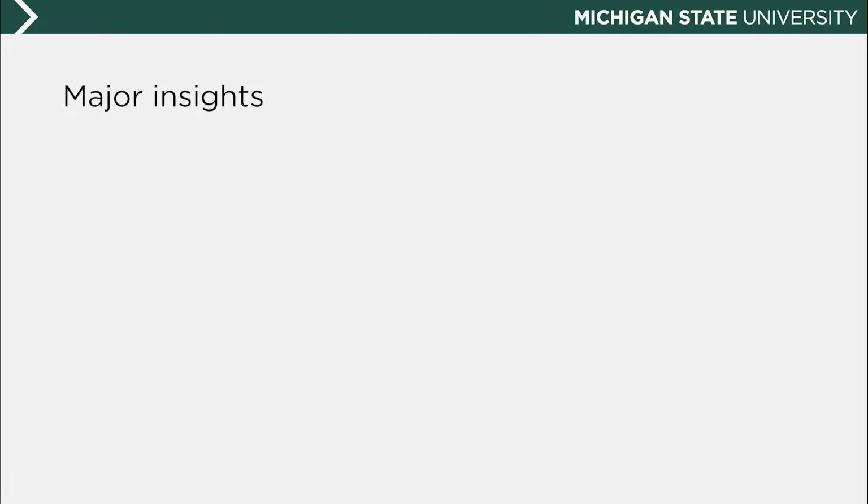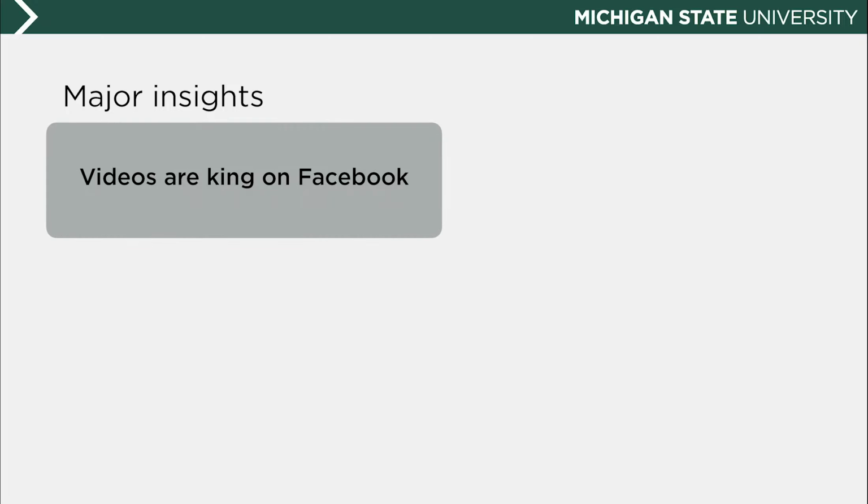So here are some things that we found in our reporting. Obviously, Facebook is really important to social, and videos are important to them. So we find a lot of good success with videos on Facebook time and time again. We'll often see that our best performing posts of the year, every year, are videos.